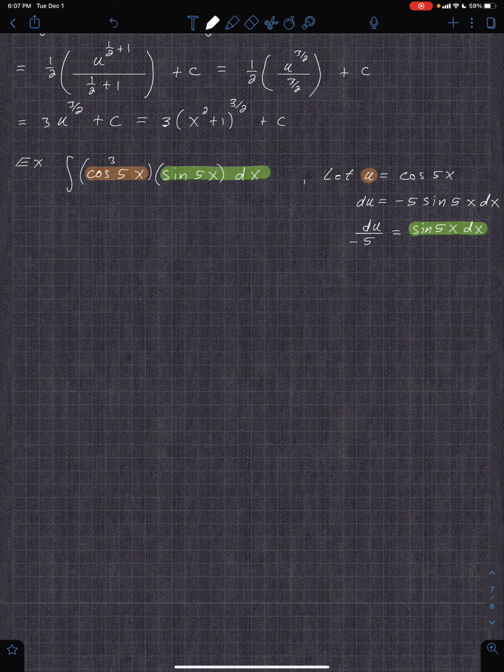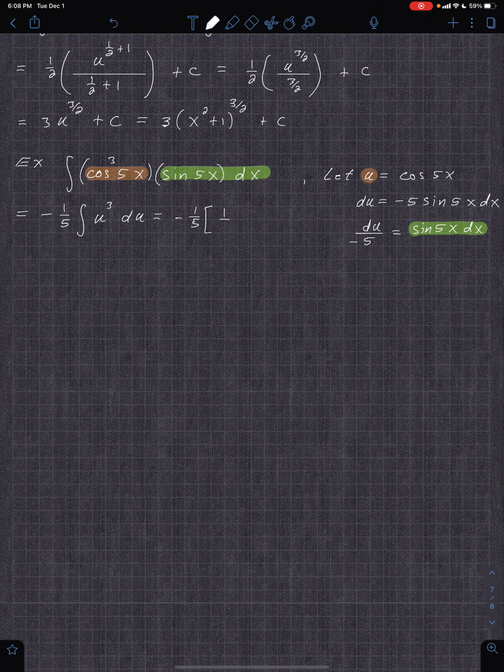Okay, so keep going. What does that look like? What's that going to be? So that equals negative 1/5 integral of u cubed du. That's it, and then you can easily do the antiderivative.